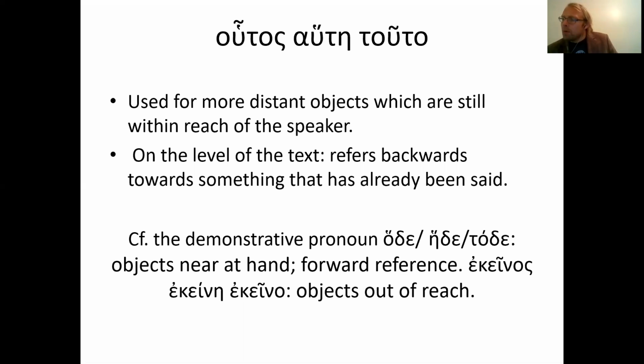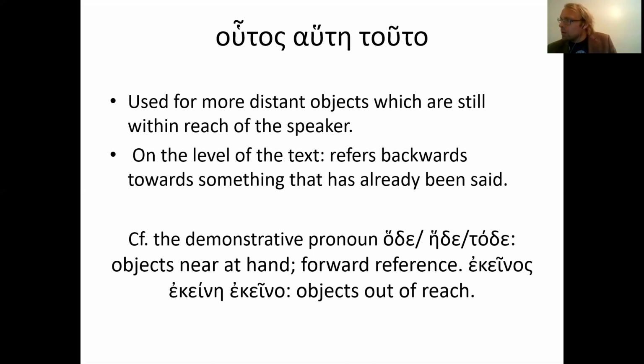As a rule of thumb, however, it can be said that hode is typically used when the thing referred to lies closer to the speaker, whereas hutos is used generally for more distant objects, while a third alternative demonstrative pronoun, ekeinos, ekeine, ekeino, may refer to something completely out of reach.